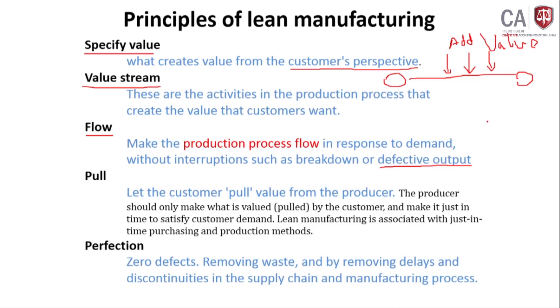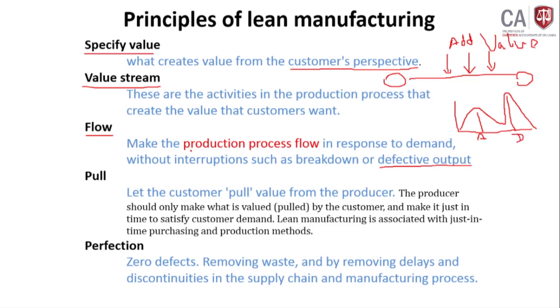There is a demand, let us say as per the sales forecast, in April the demand is like that, in December the demand is like this, right. So you know what the demand is.